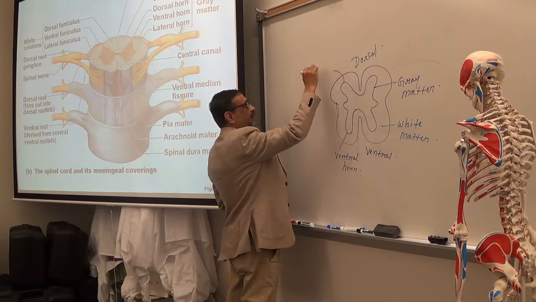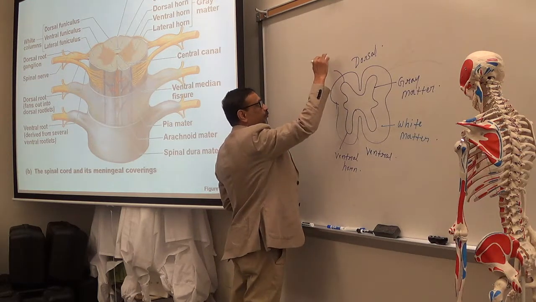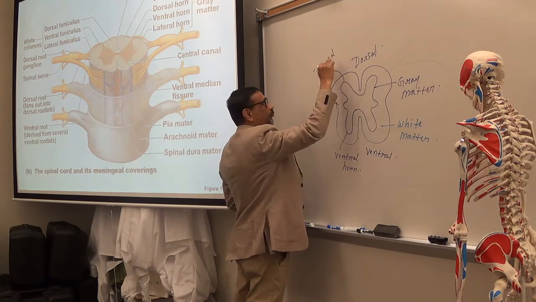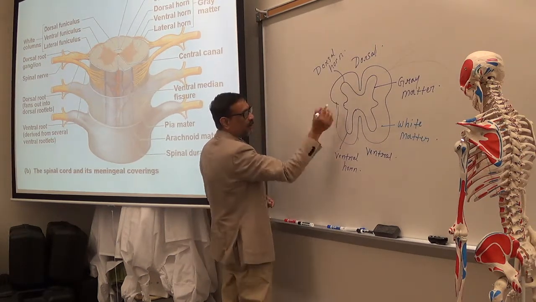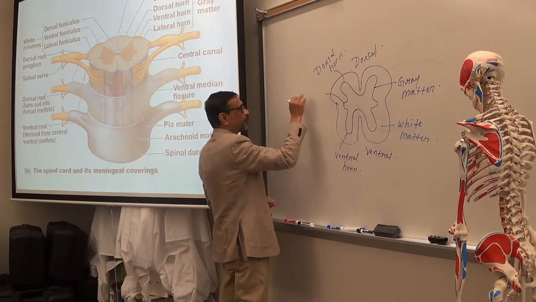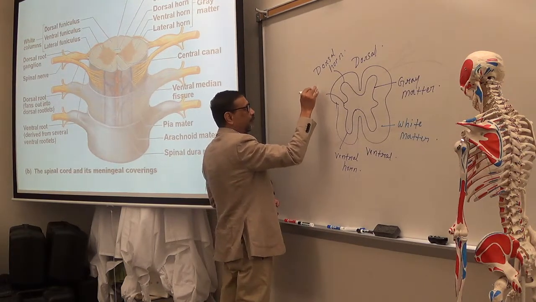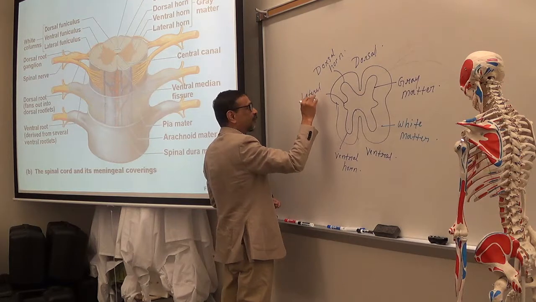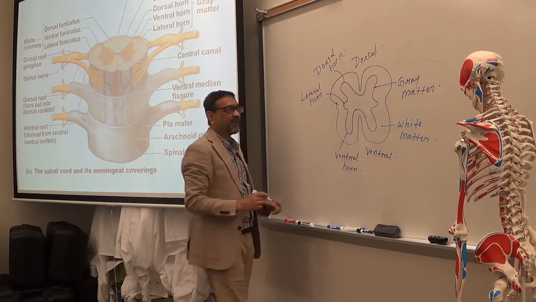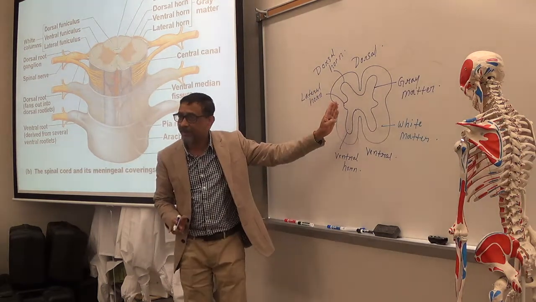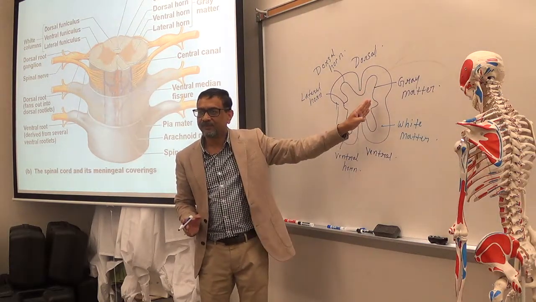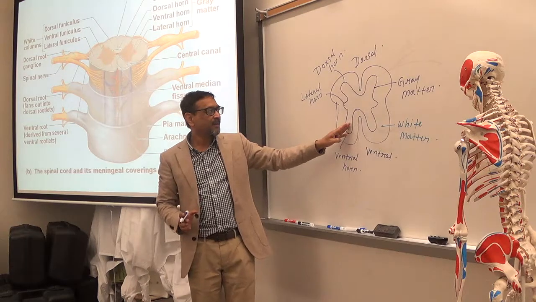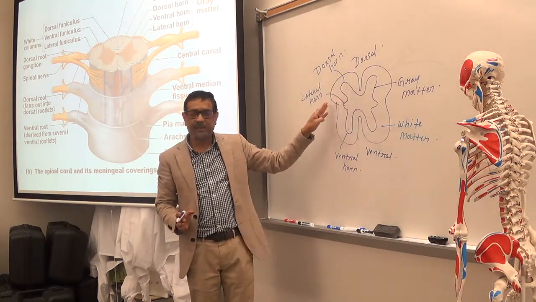This is the dorsal horn. And this one is called the lateral horn. So how many horns? 3 on each side of the gray matter. Is it clear? Same thing on the other side. Ventral horn, dorsal horn, and lateral horn.